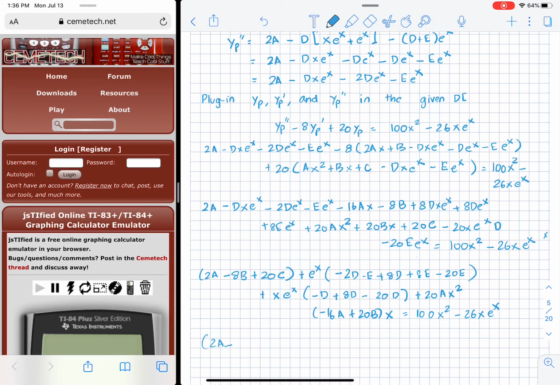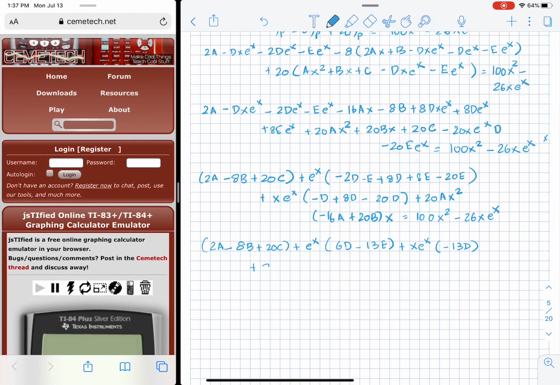So 2a minus 8b plus 20c plus e^x times 6d plus 7e minus 20e, which is minus 13e, plus x e^x times 8d minus 20d, which is minus 13d, plus 20a x squared, plus negative 16a plus 20b multiplied by x equals 100 x squared minus 26 x e^x.